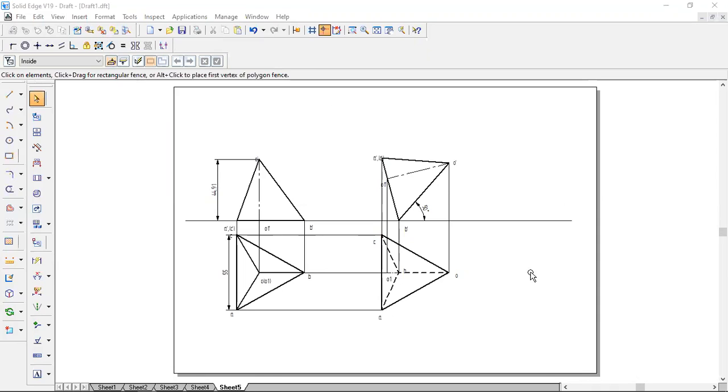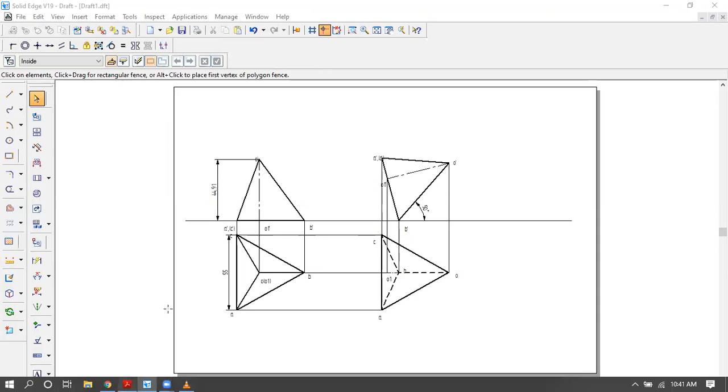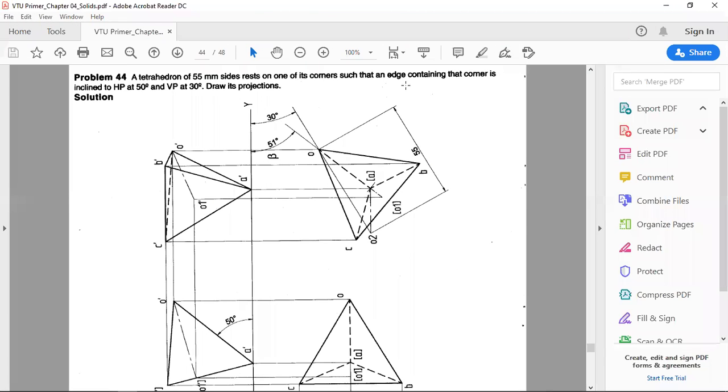Next, what is given: the edge containing that corner which is inclined to HP at 50 degrees. The same edge is given as inclined at an angle of 30 degrees to VP. The same edge is nothing but the OB edge.